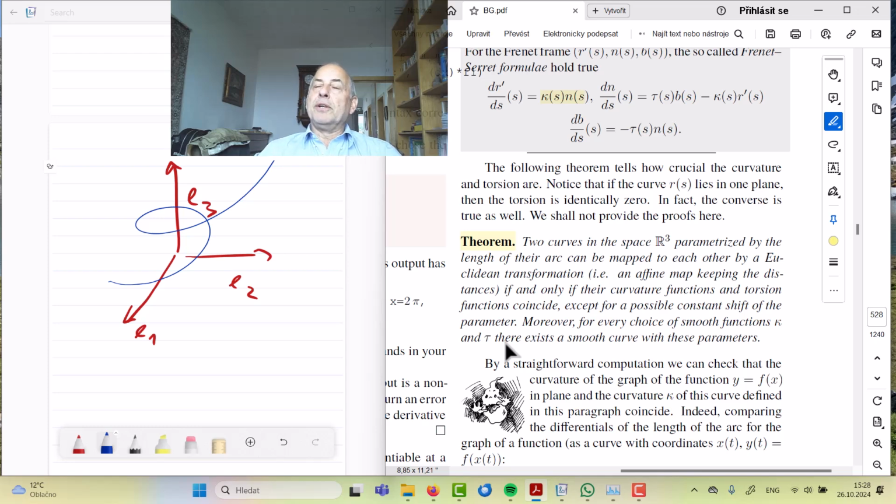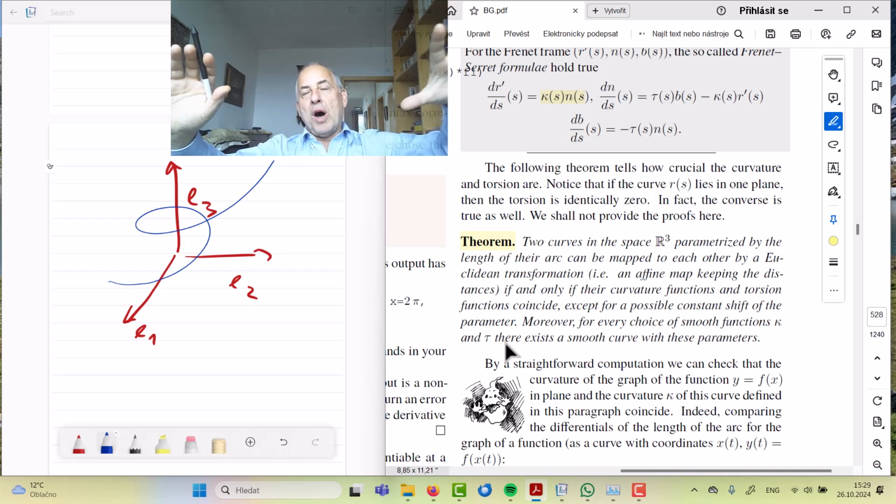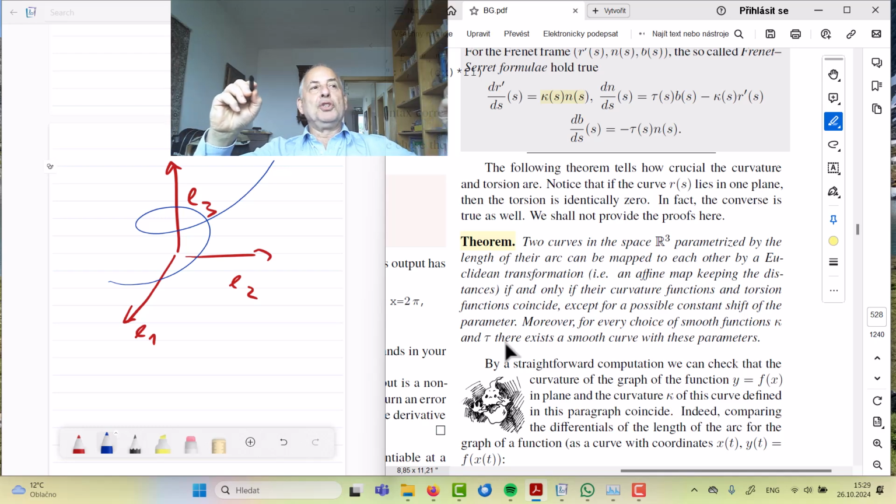And then the theorem says that there is a Euclidean transformation, so it means some mapping which keeps the distances and is just some Euclidean movement, which is built of rotations, reflections, and translations, exactly as we heard it already in the plane, and we shall come back to that in the end of the semester, so that it maps one of the curves onto the other up to the shift of the origin, right?